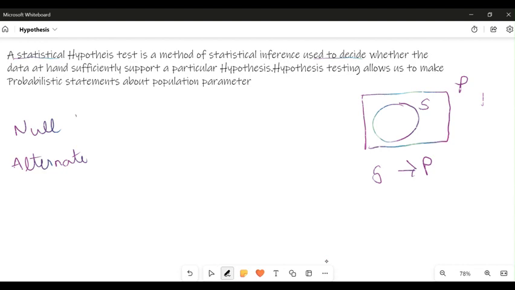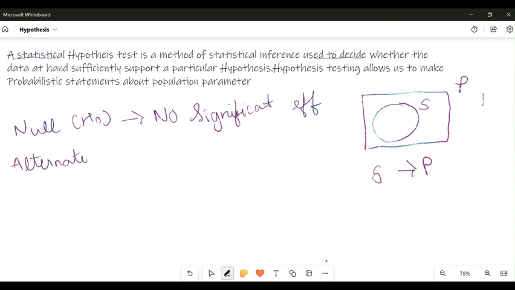Let's move to the null hypothesis, also called H naught. The null hypothesis is a statement that assumes there is no significant difference. This is the most important part. In every research paper and book you refer to, you will find this line: there is no significant effect or relationship between the variables being studied.